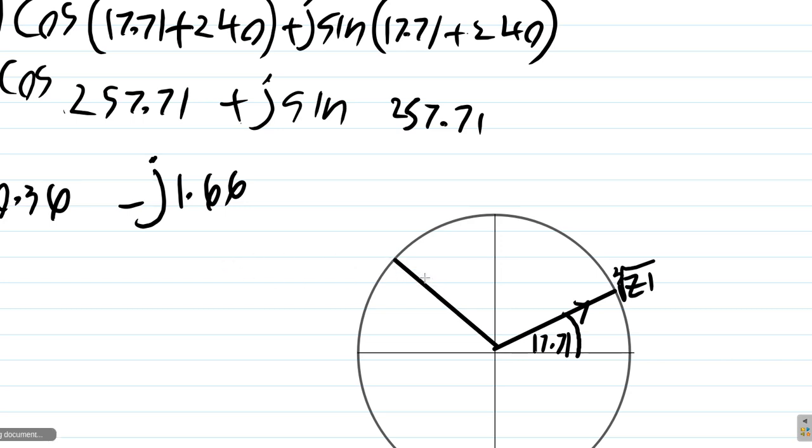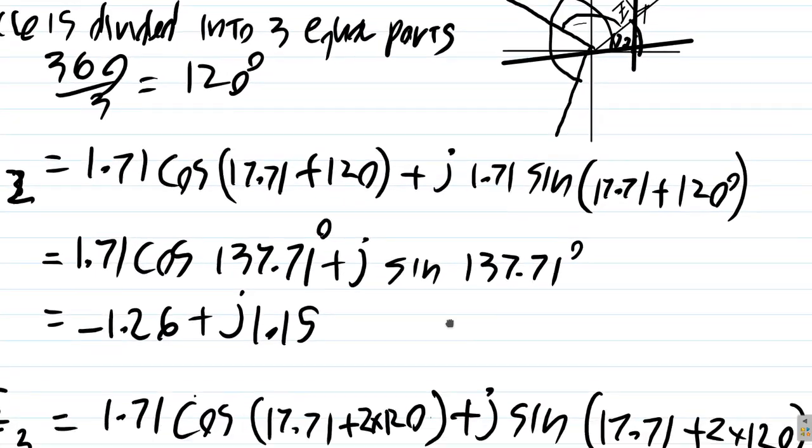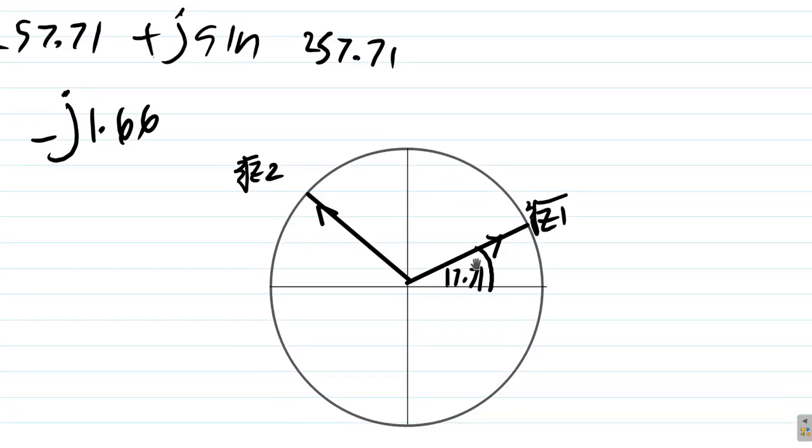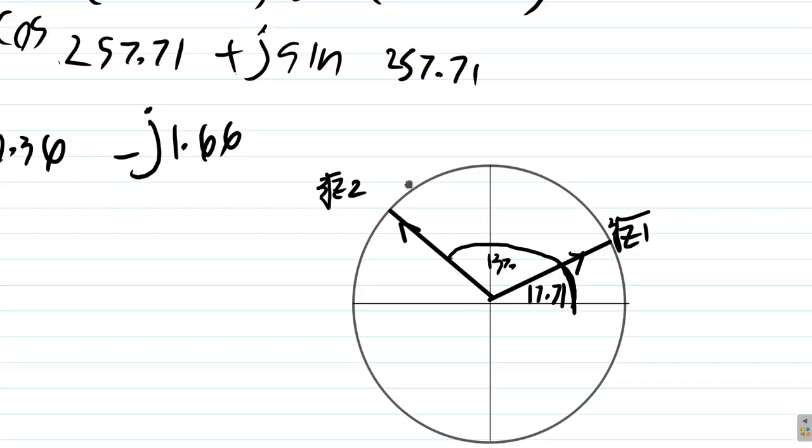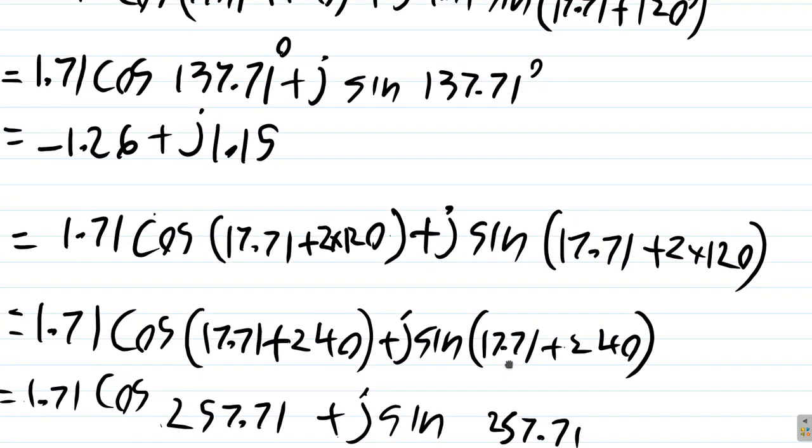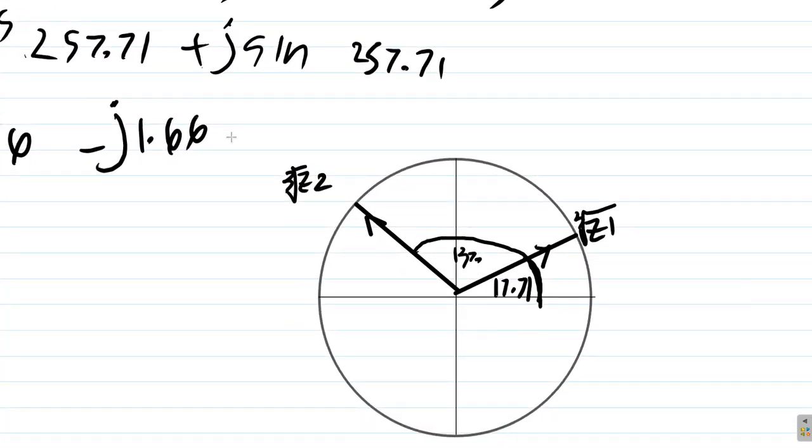All right. So this is the second cube root of Z. What was the angle again? 137 point something. So this angle is 137.71.